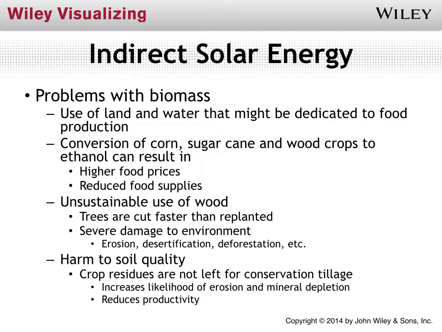That greater demand for wood would create greater damage to the environment. All the problems we try to avoid now would probably get worse, including harming the soil, because we wouldn't be leaving crop residue behind like we argued we should in an earlier chapter.